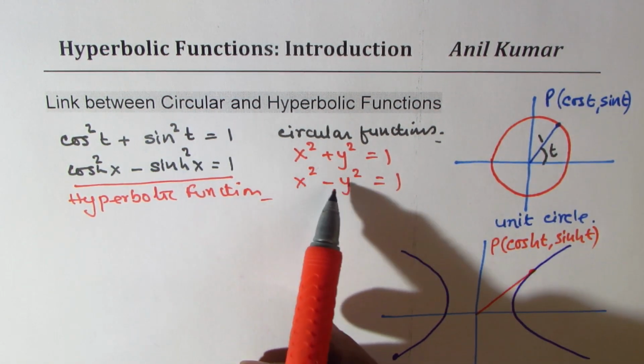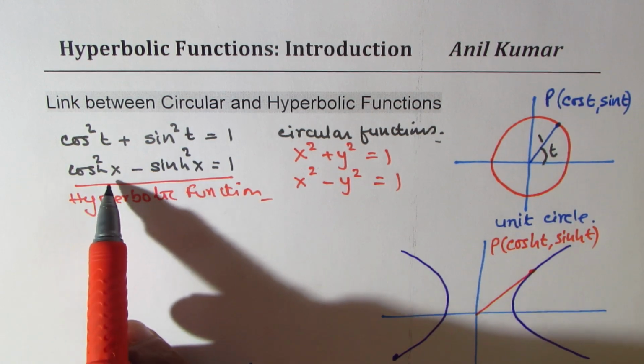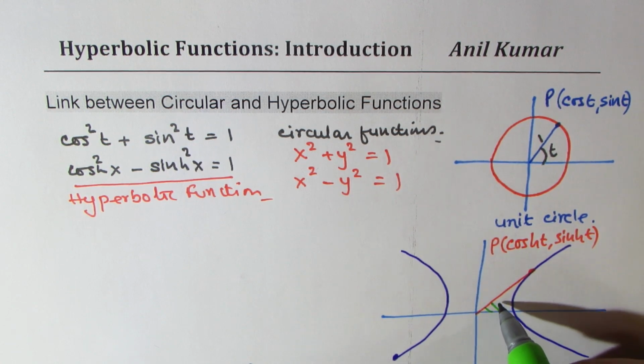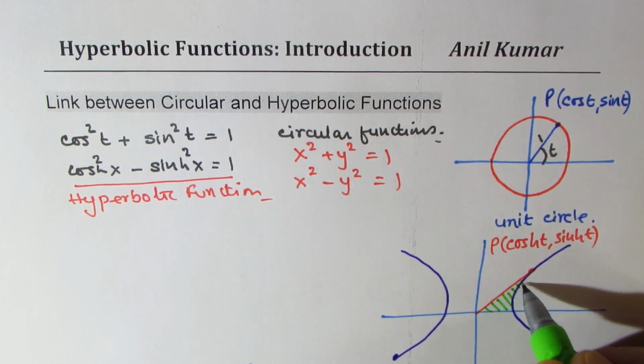This x square minus y square equals 1, cos hyperbolic square minus sine hyperbolic square equals 1. Perfect.